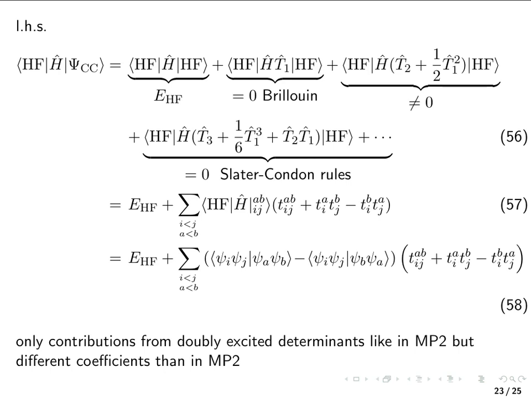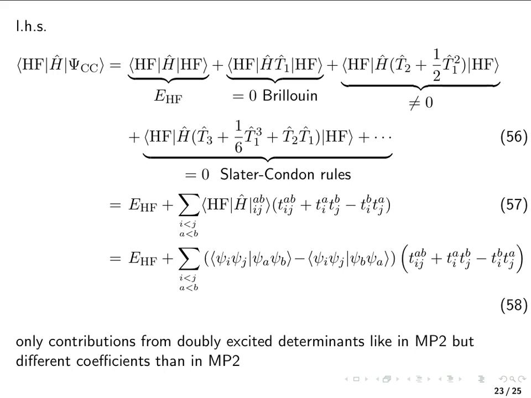Slater-Condon rules say Hartree-Fock, doubly excited, that's a difference of 2. So we get one pair of Coulomb minus exchange integrals. Which means we actually have the same integrals as we had in the second order correction in Møller-Plesset perturbation theory.